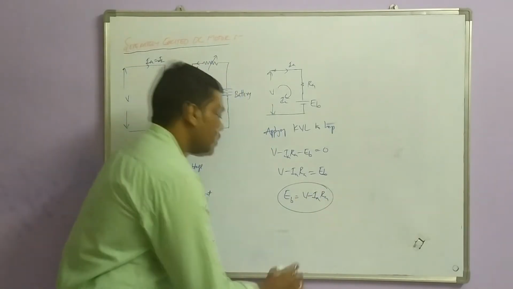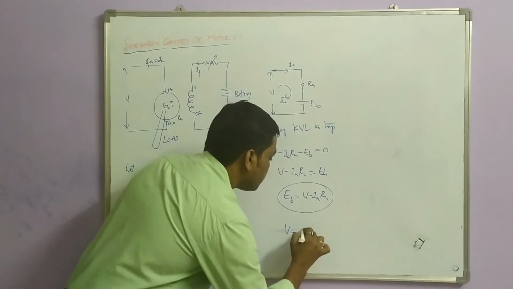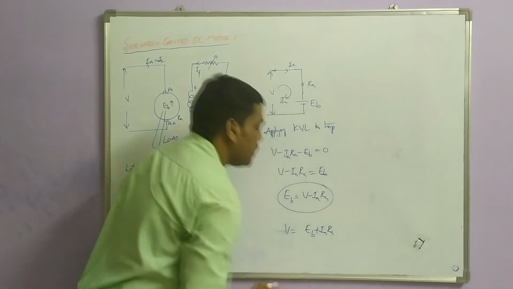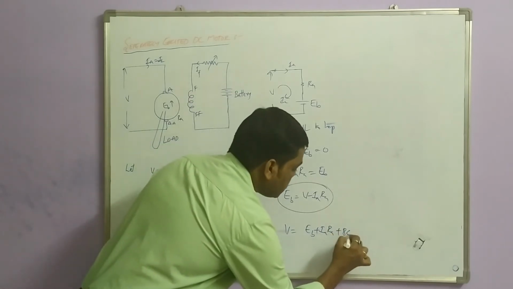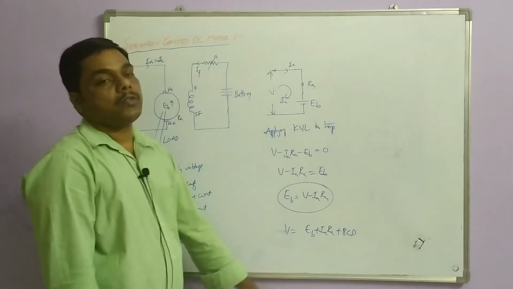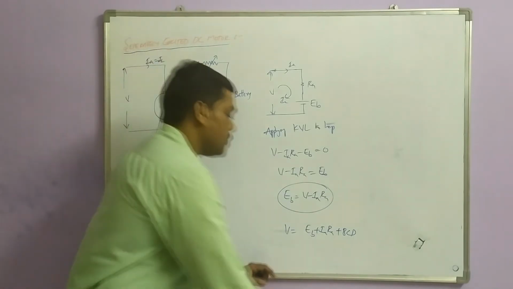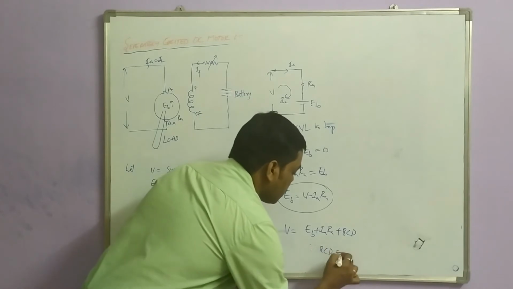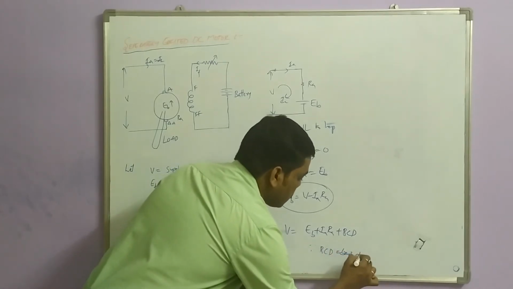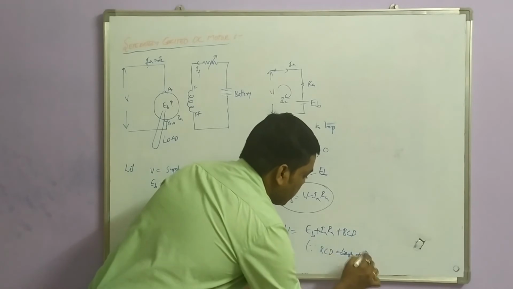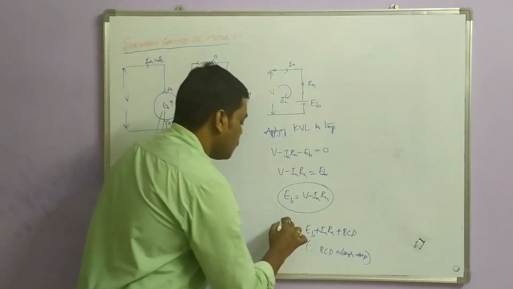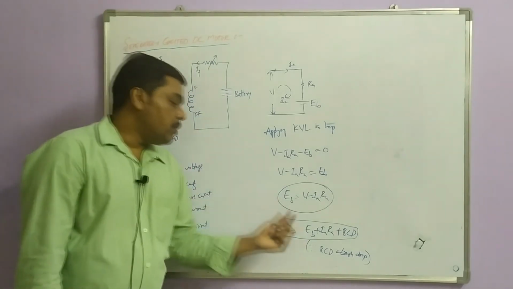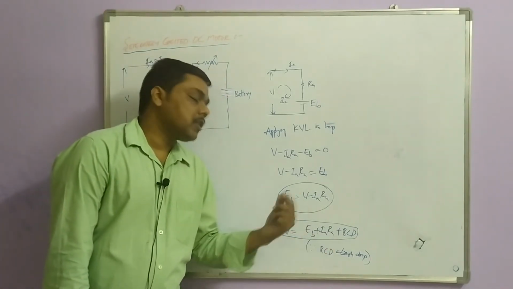And the voltage equation is V equal to EB plus IA into RA plus BCD also. What is BCD? Brush contact drop. Now this is the voltage equation for the DC motor: the back EMF plus the drop across the armature.